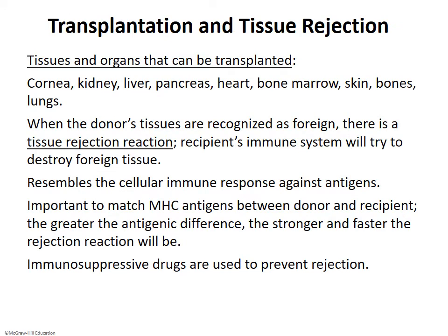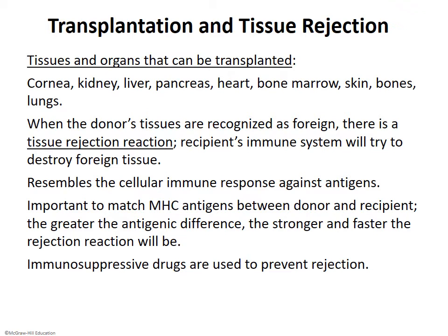Now, the last little part of this we're going to look at is how we're learning to give certain organs from one person to another and help our body not reject them, because every cell has these self markers on it.